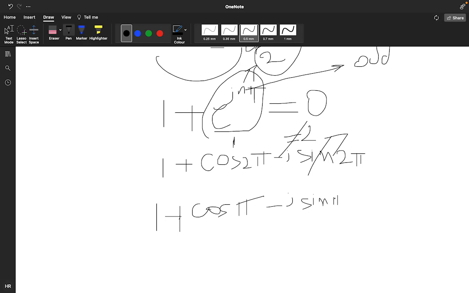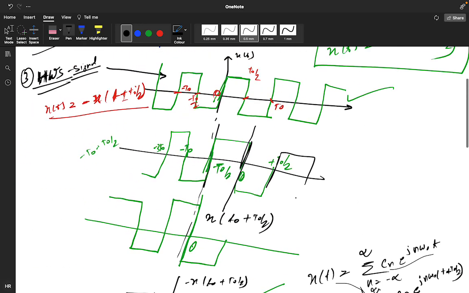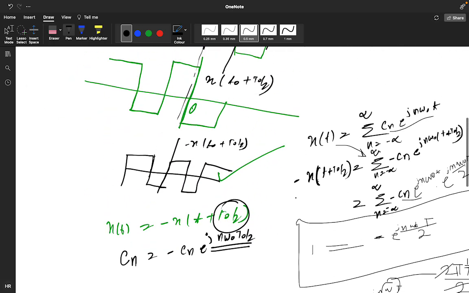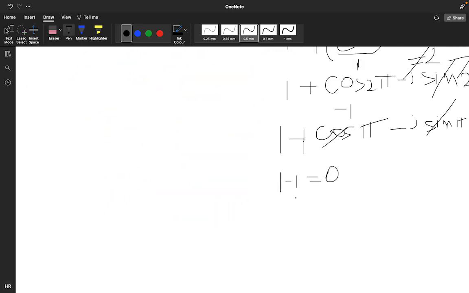So sin pi is 0, cos pi will be minus 1. So 1 minus 1 will be 0. So what you understood? In a half wave symmetric signal, only odd terms will be there. N will be odd. So what is the conclusion? In a half wave symmetric signal, we'll get only odd terms. Correct?